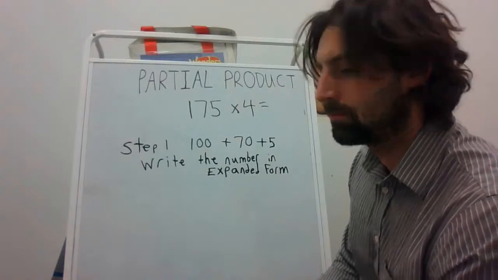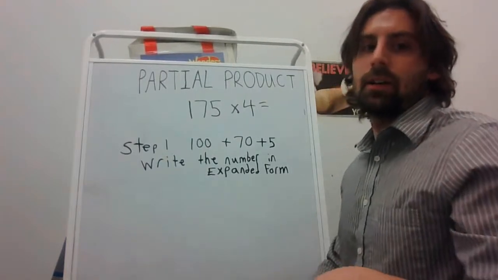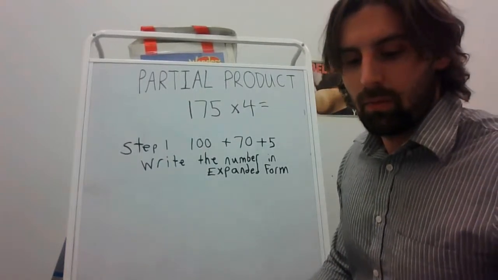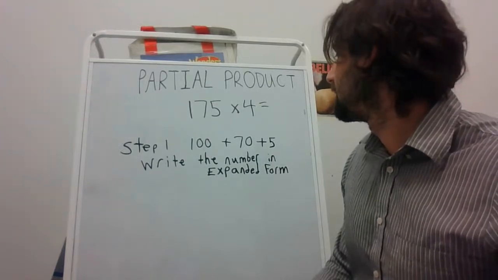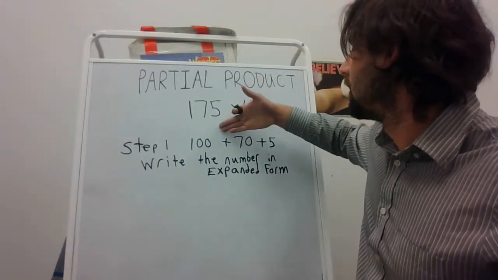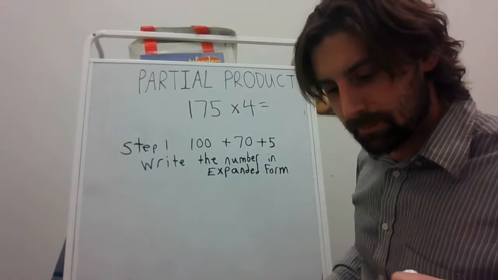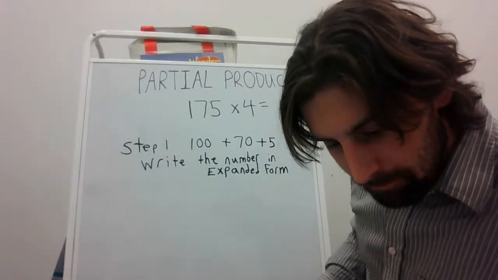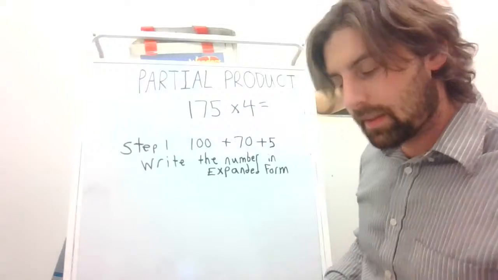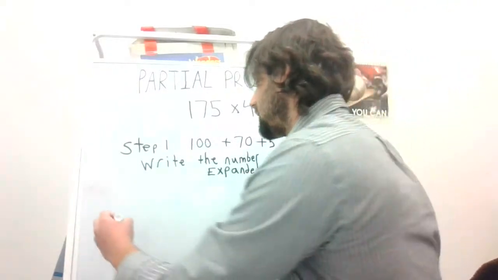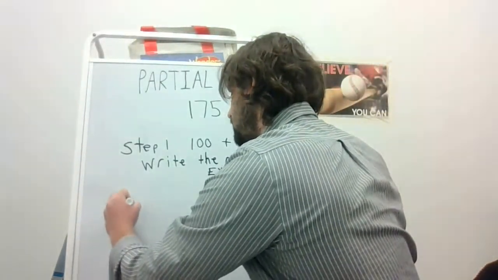Step 2. We multiply each part. So 175 times 4, or 4 times 175.